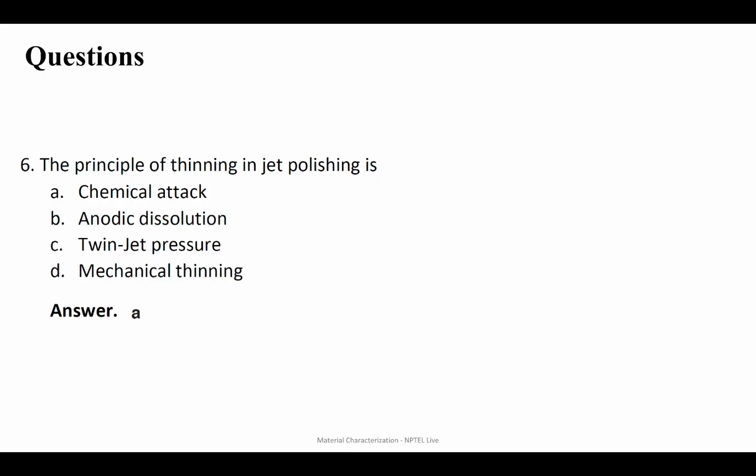So the correct answer to this would be A, chemical attack. In jet polishing, what we are throwing on a metal disc is an electrolyte which is chemically reacting with your metal and thinning it down. So it is a chemical attack.